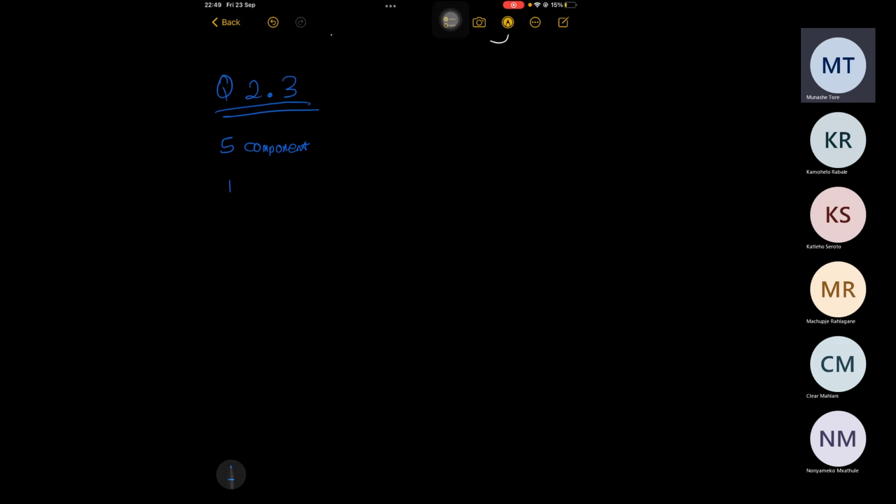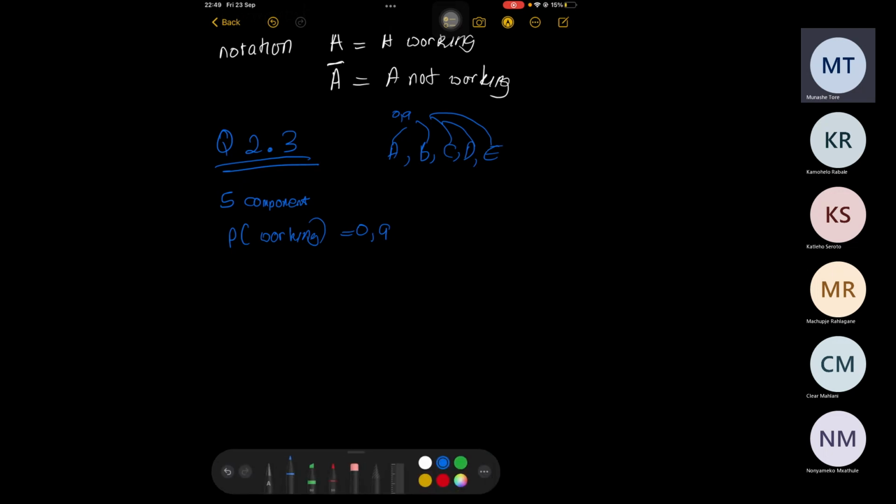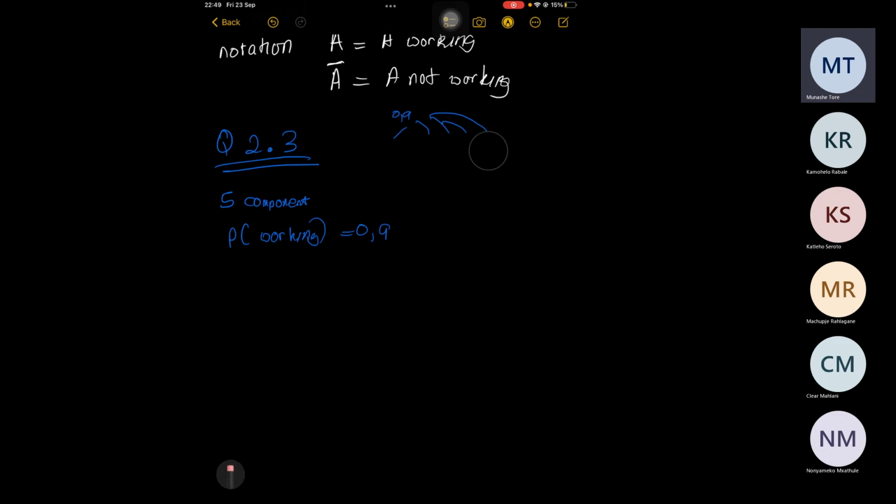So now you see what I was talking about. The probability of working is 0.9 for each component. So it literally means that, let's assume you have components A, B, C, D, and E. The probability of A working is 0.9, and of B, C, D, and E working is 0.9 also. So if the probability is the same, then you can use counting methods. It's actually going to be a bit easier for you to do so.